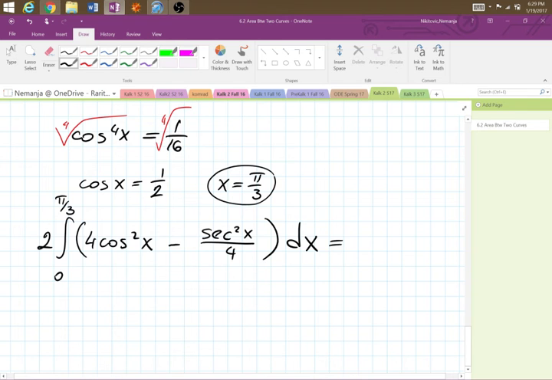You convert it into a relation, you get rid of the square sign. Yeah. So it would be 1 plus cosine 2x over 2.